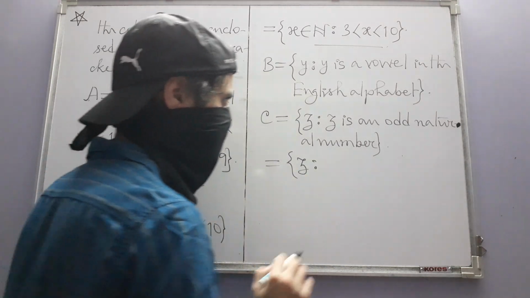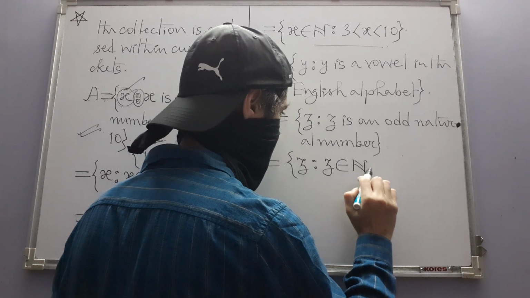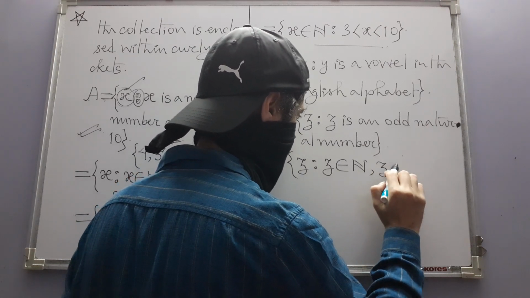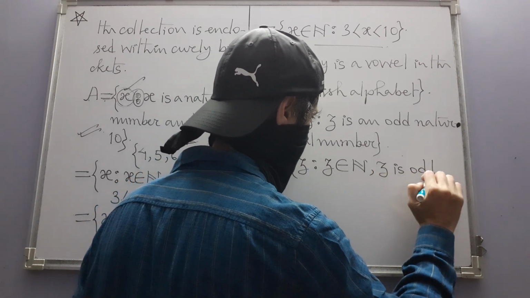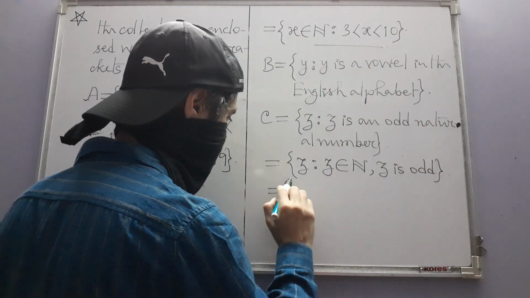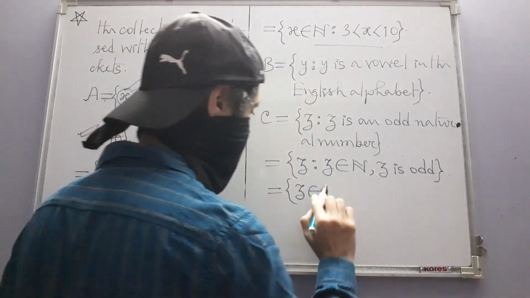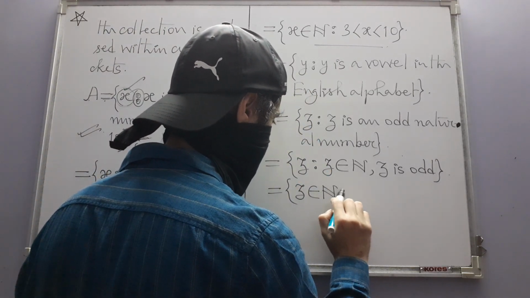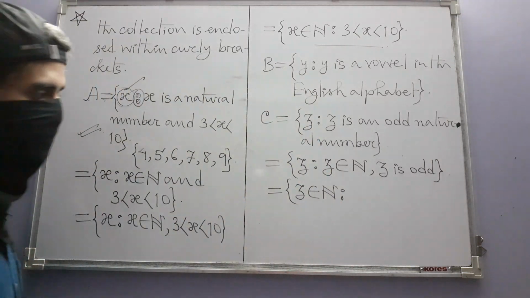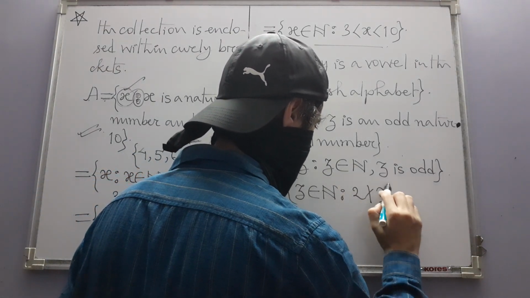You can write like this. z is a natural number and z is odd, or following this practice, you can write like this. 2 does not divide z.